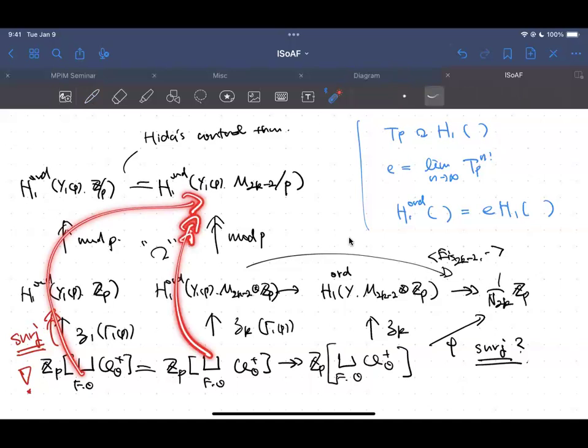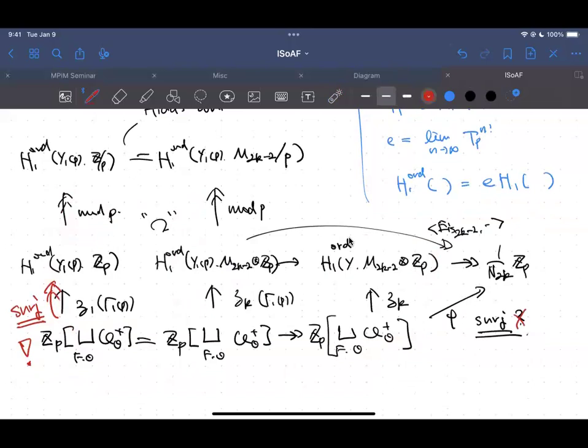And since mod p is surjective, then this is surjective. And therefore, this is surjective. And because this is surjective, this is surjective. So by doing this type of diagram chasing, we can show this surjectivity, which proves the main theorem.